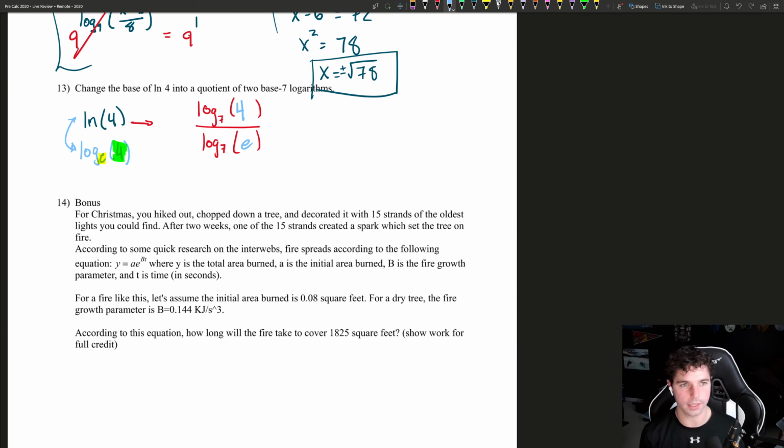Okay, so there's not a whole lot to the change of base formula. The thing inside parentheses goes up top. The thing that's the base goes down bottom. And then you have your new base, log base 7, on both the top and bottom.